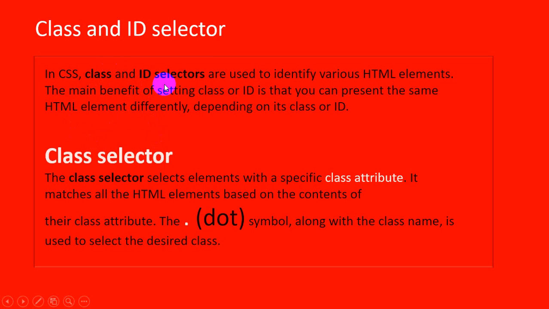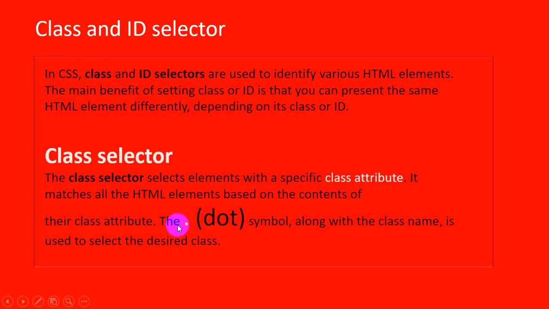Now there is some more information regarding class and ID. What you have to write if you are going to use ID, and in the same way what you have to write if you are going to use class. For class, for grouping of this selector, you have to use the dot symbol.